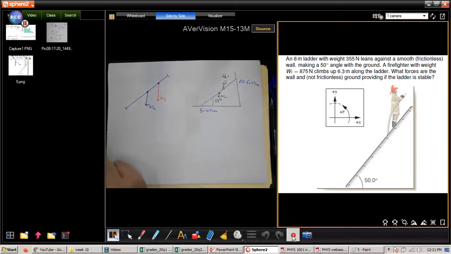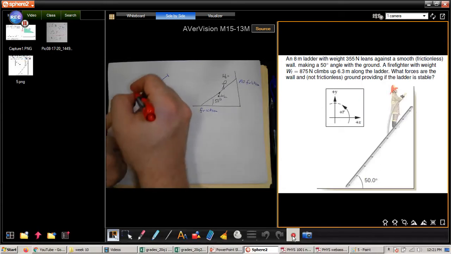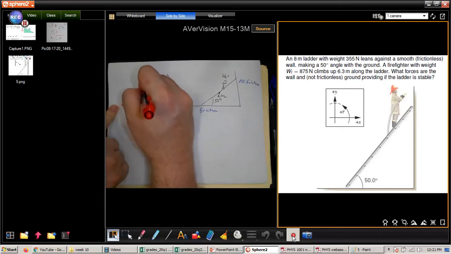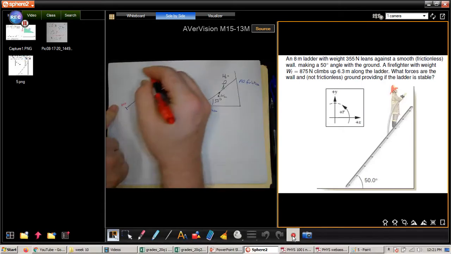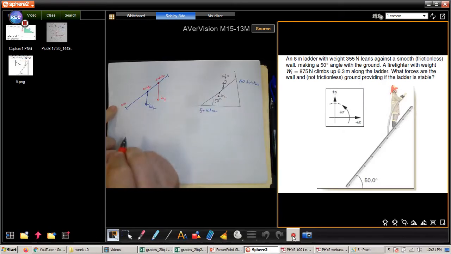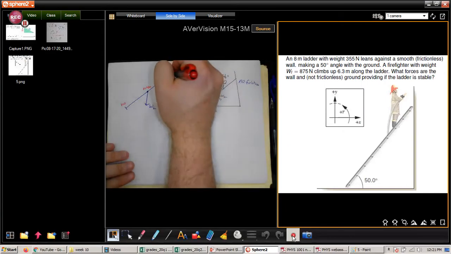That's going to be some distance up. If we're measuring from this end, where X is 0, this is X is 4 meters. And then in this problem, this is X is 6.3 meters. And then the other end is X is 8 meters.